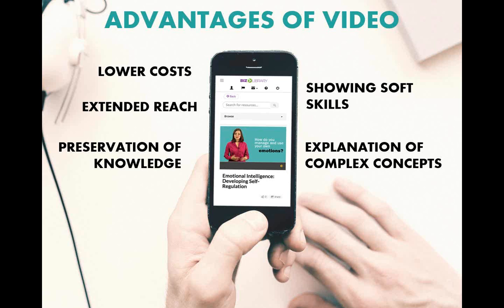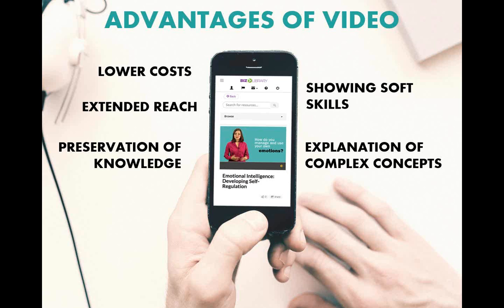So some of the advantages of short-form video are lower cost and extended reach. And by extended reach, I mean that in two ways. It's geographic reach. Jessica works at her home office in Chicago, I work in St. Louis. We can share a video and talk to each other about it later.